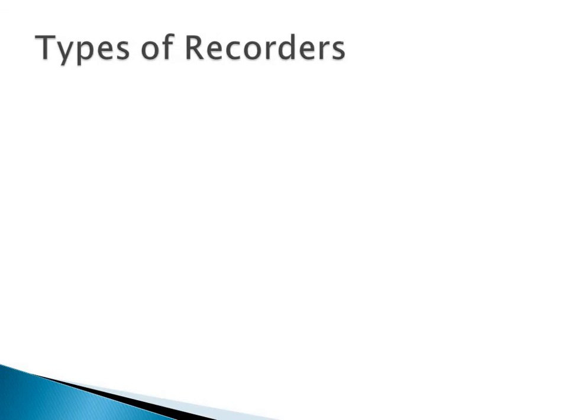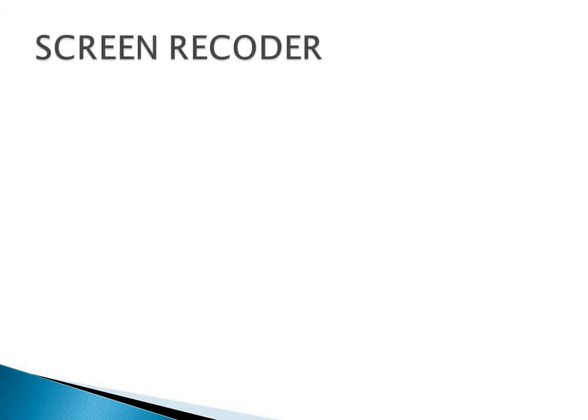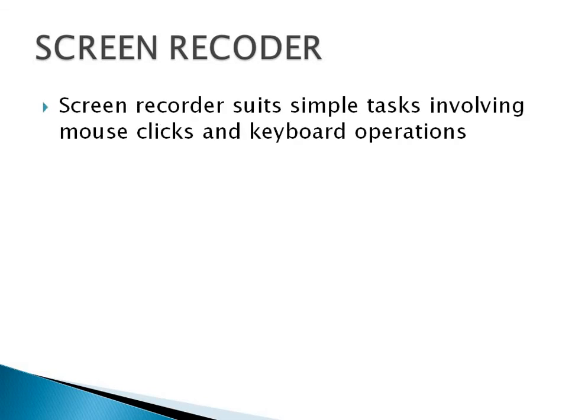Okay, the types of recorders. There are basically 3 types of recorders: screen recorder, web recorder and smart recorder. The task editor is where you can edit any task by opening it. So let us learn what a screen recorder is and how it works.